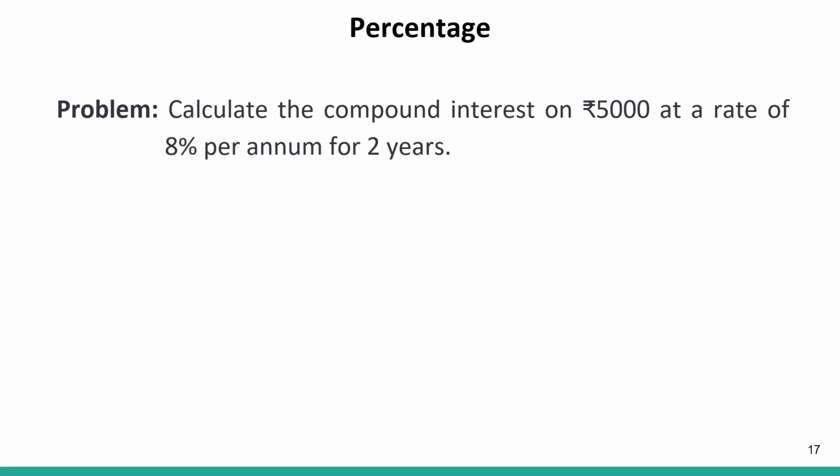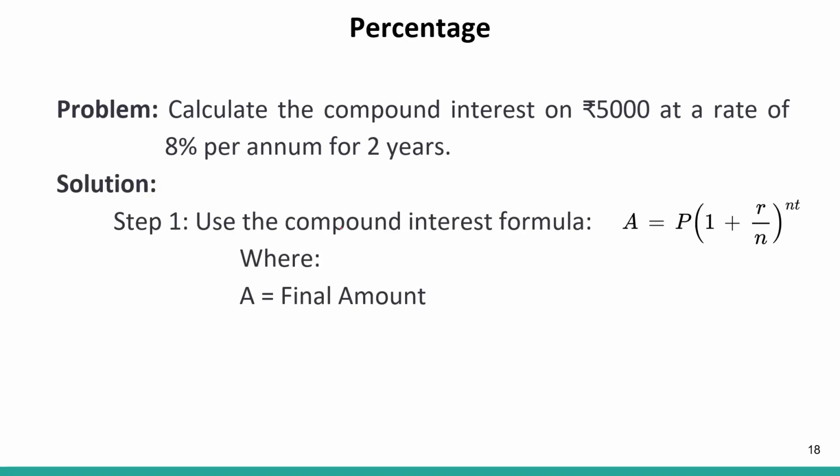So you have an amount of 5,000 and you want to calculate the compound interest on it at a rate of 8% per annum for 2 years. So use the compound interest formula. This is an important formula. Please remember this.